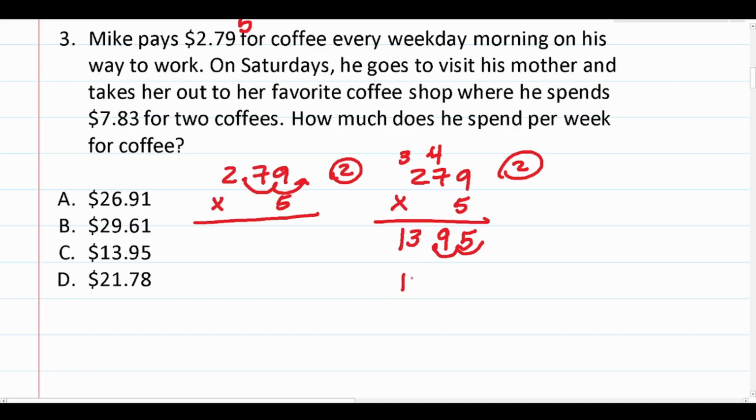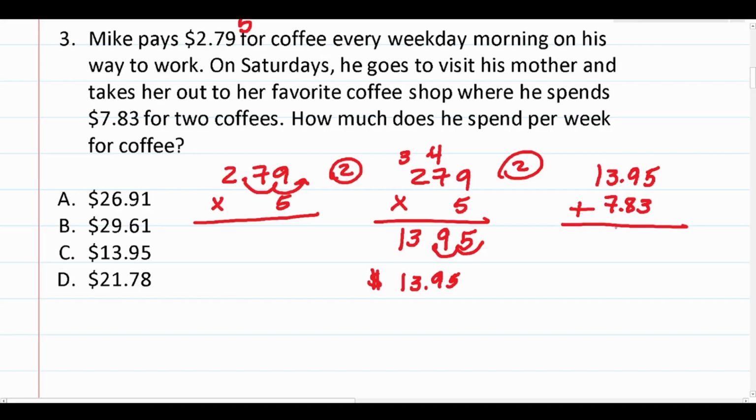So we can see that for those 5 days of the week, he spends a total of $13.95 on coffee. All we have to do is take $13.95 and add $7.83 to it, and that will give us the total that he spends on coffee for the 5 weekdays plus Saturday.